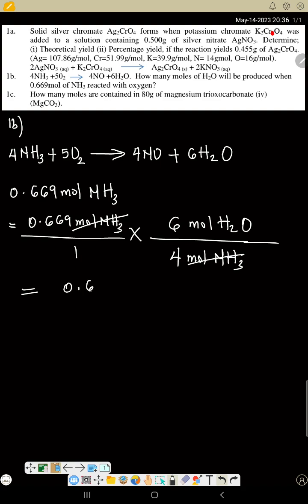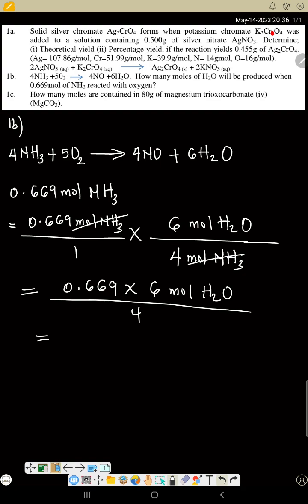So this is 0.669 times 6 moles of water divided by 4. So 0.669 times 6 is 4.014, divided by 4 mole of water.